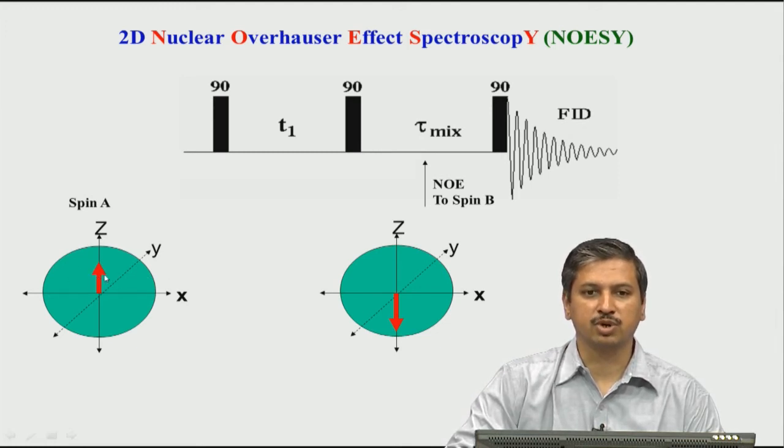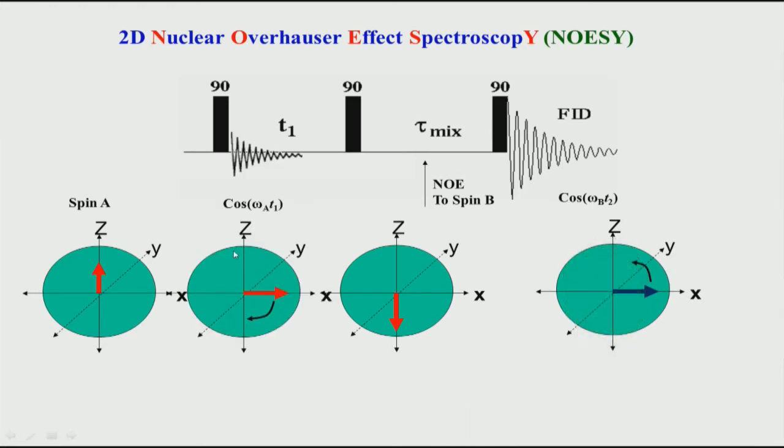So, you start from spin A magnetization, which is along the z axis, because before any pulse is applied, it is called the relaxation delay, means you allow the spins to relax back to complete equilibrium. Then you apply this pulse, this is a 90-degree pulse, this brings spin A into the xy plane, and during this period it evolves because of chemical shift, and that evolution is represented mathematically as cosine of omega T1.